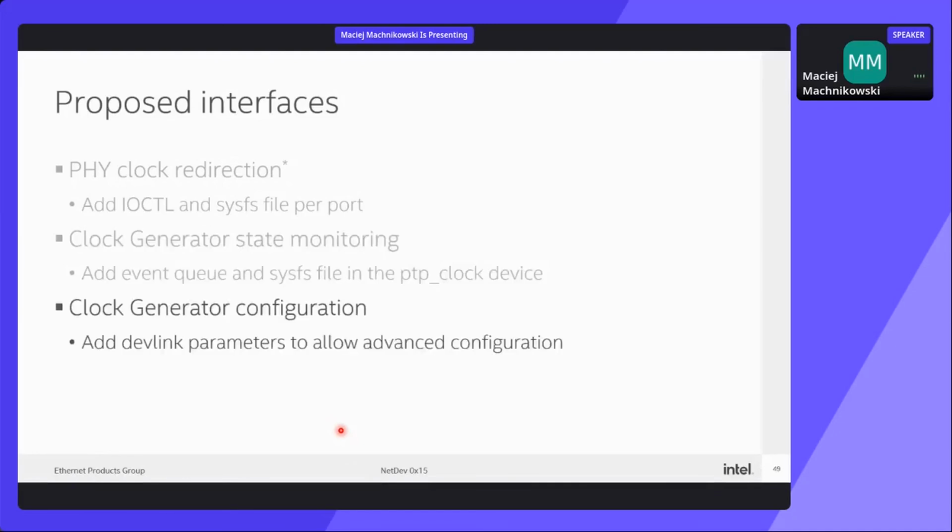And when it comes to the clock generation configuration, which is the advanced interface, we suggest to use the devlink parameters so that we can allow multiple vendors to actually customize this interface to what they need it to be, because different DPLLs have completely different parameters to change.